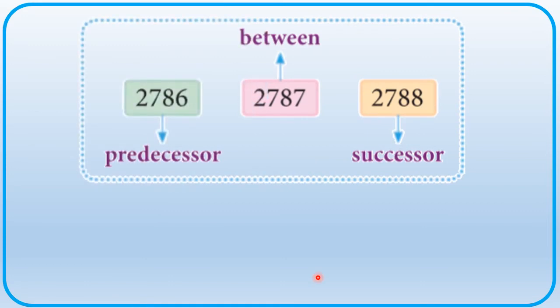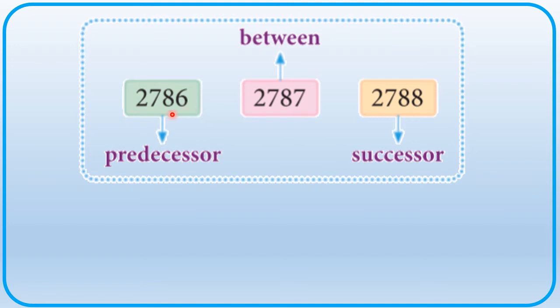Here we have an example to understand the meanings of predecessor and successor. Look at these three numbers. We have 2786, 2787 and 2788. Here the number 2786 comes just before 2787.